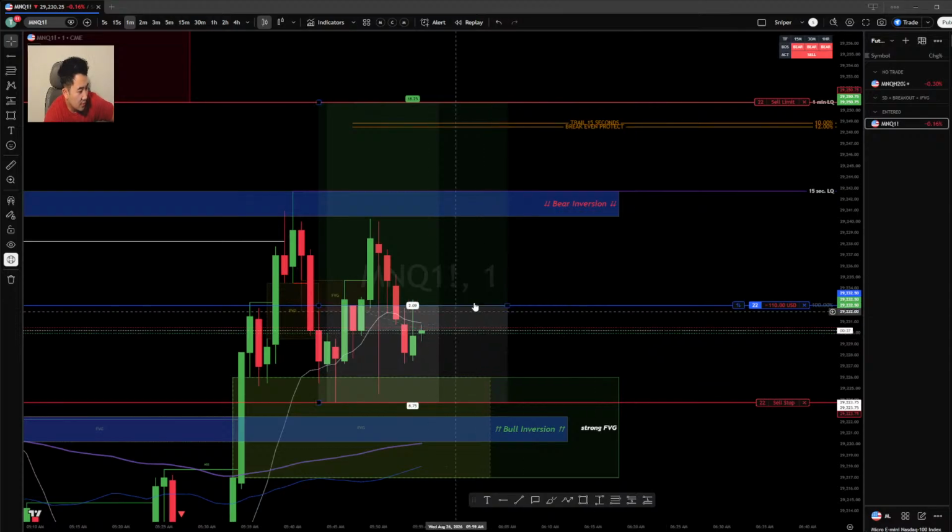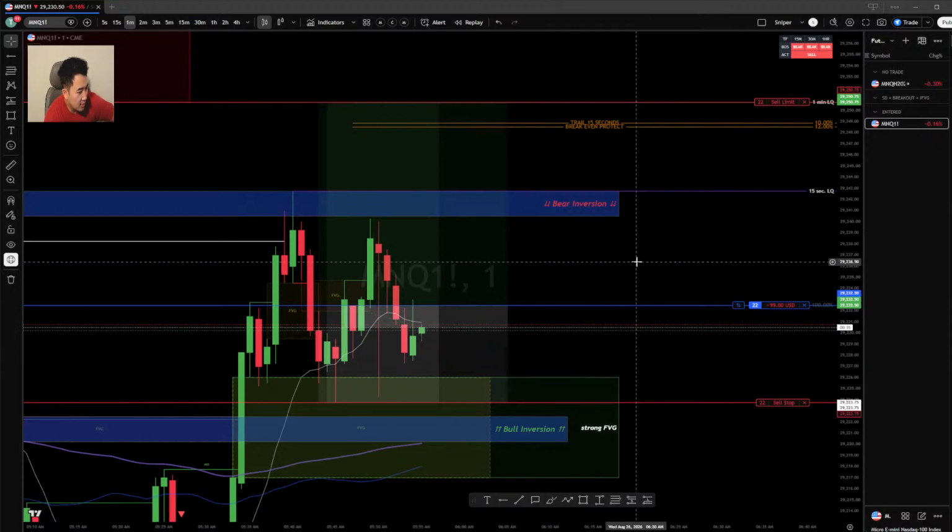We need a little bit of bullish pressure to get out of this bearish. We're in a little bit of bearish pressure right now, but let's see if the buyers can help us out.